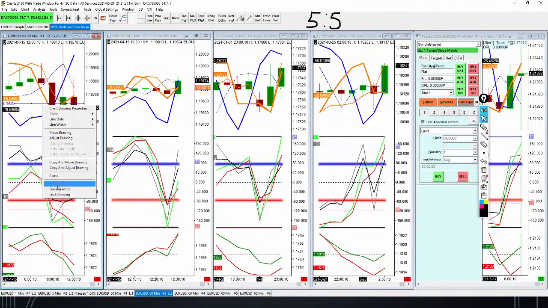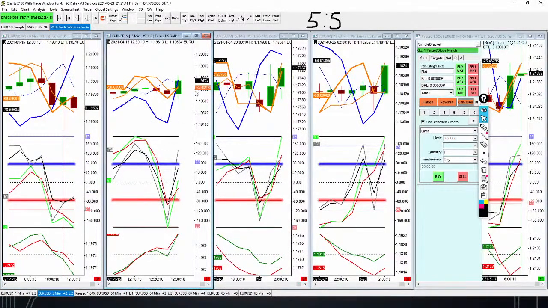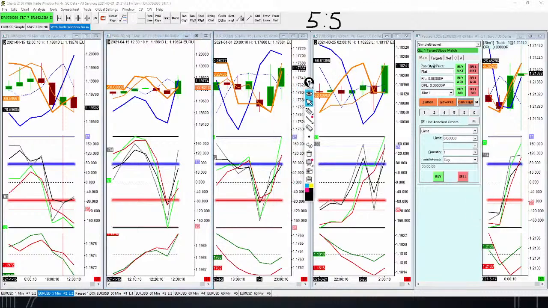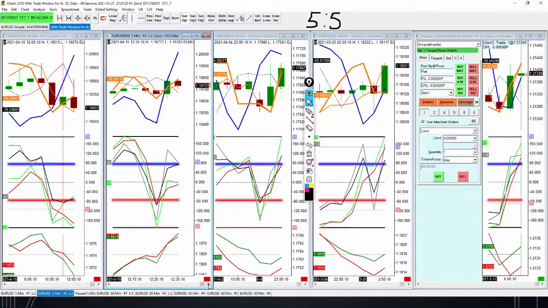All right, let's go to our next example. Right here we can see that things were moving up a little bit, then they went down, and then we had this break up right there. And then we hit our hydra right here.